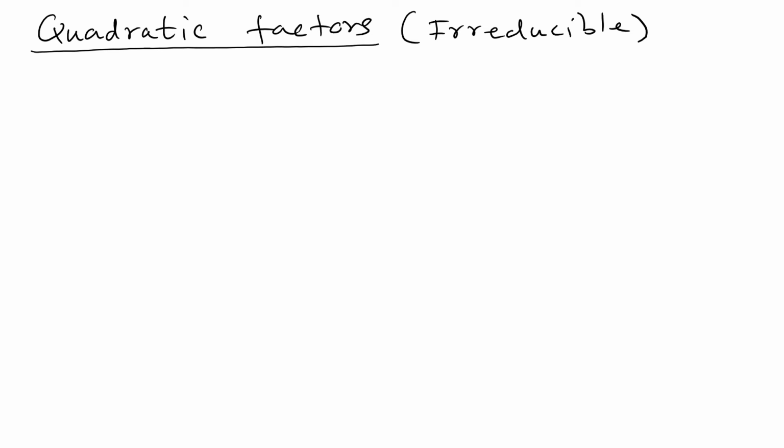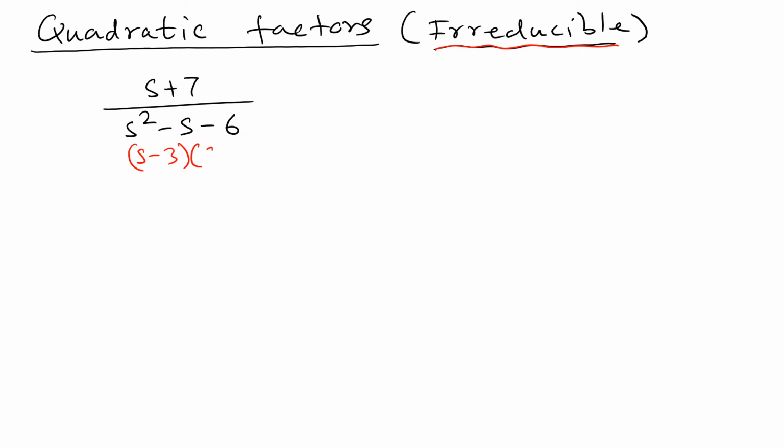So why do we worry about the irreducible part? Let's say you have something like (s plus 7) over (s squared minus s minus 6). Clearly you can factor the bottom, so you can write this as (s minus 3)(s plus 2), so that you can break it down.